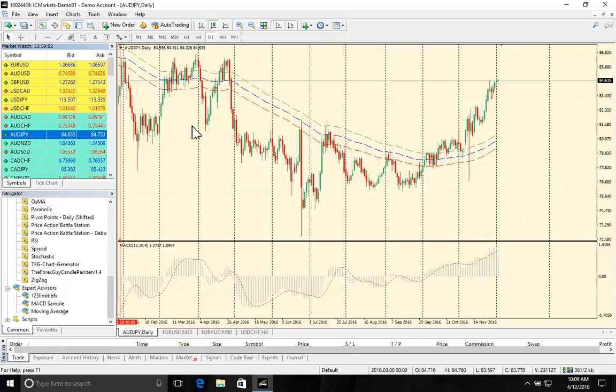Okay. Can anybody tell me something here? This is on the daily chart, and it's for almost the last 1 year, from 18th of Feb until 12th of November.